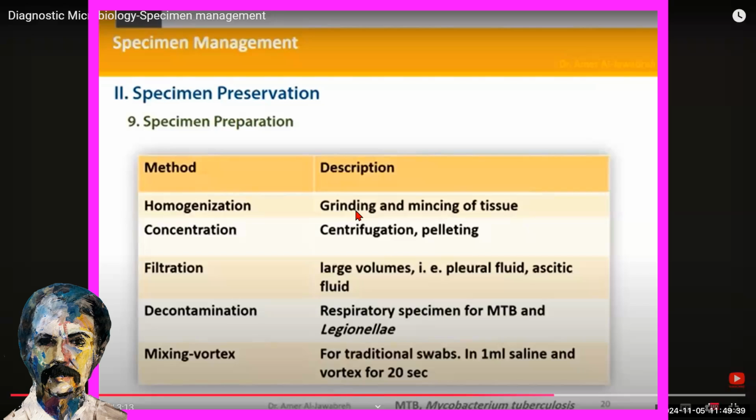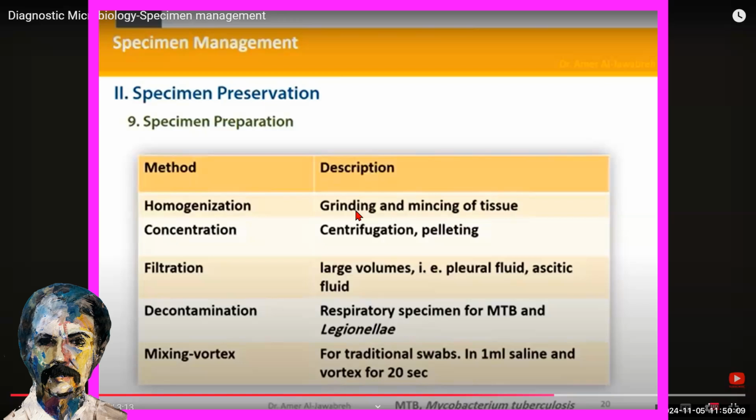Decontamination. Mixing and vortexing. For traditional swabs, 1 ml saline in vortex for 20 seconds. I'll give you an example: let's say we take a high vaginal swab, and we suspect this lady of having trichomoniasis, Trichomonas vaginalis.